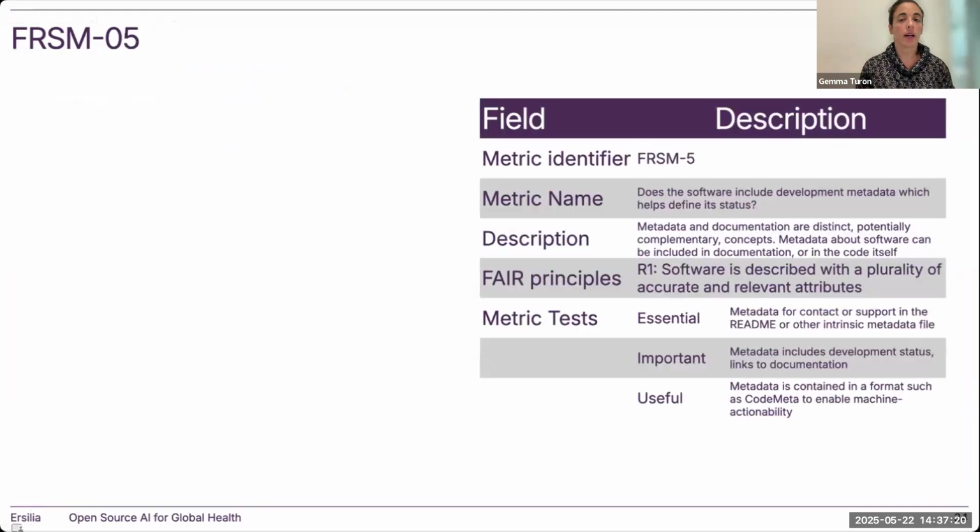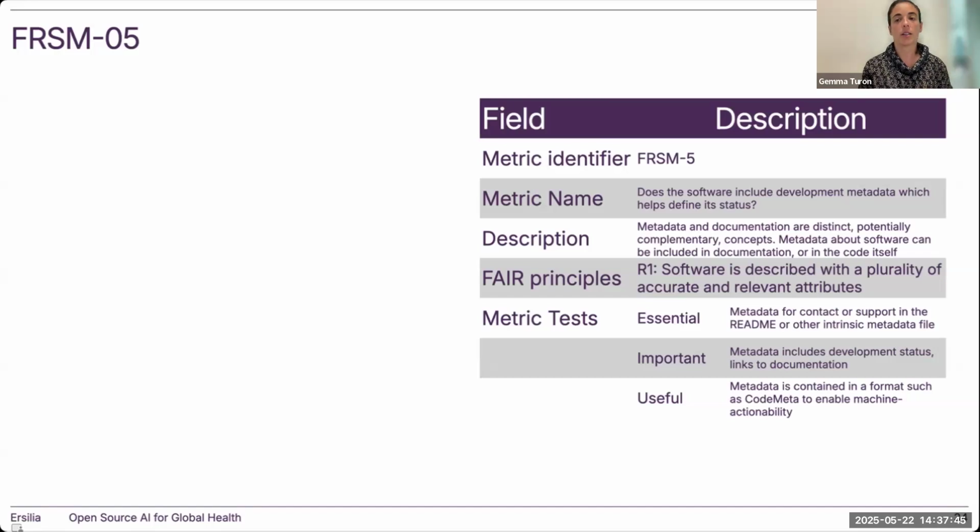Then finally, I picked metric number 5, which is around metadata, because as I mentioned, we did quite a bit of work with BioModels on individual model metadata, and we also wanted to improve the overall Ersilia Model Hub metadata. Metadata is any data associated with the software. It's not necessarily documentation.